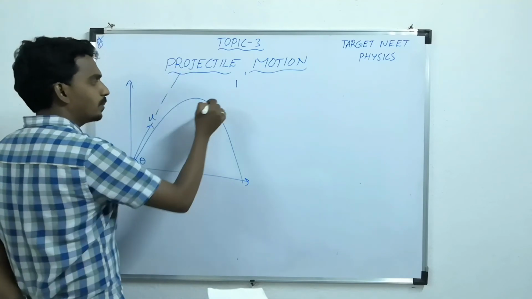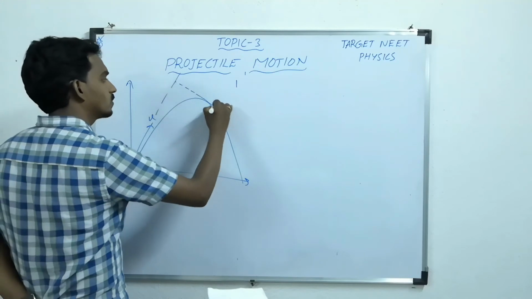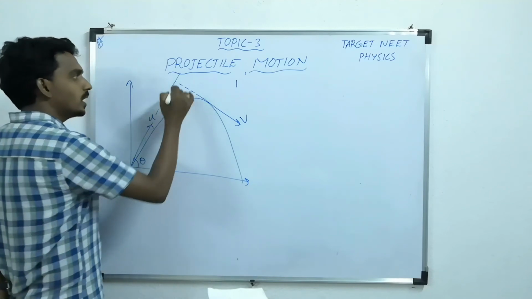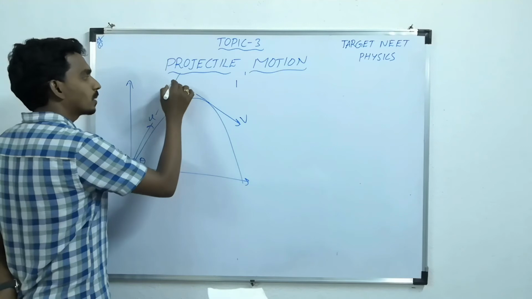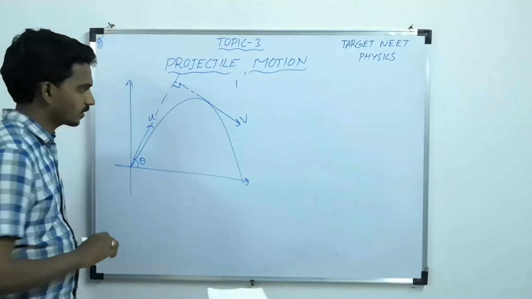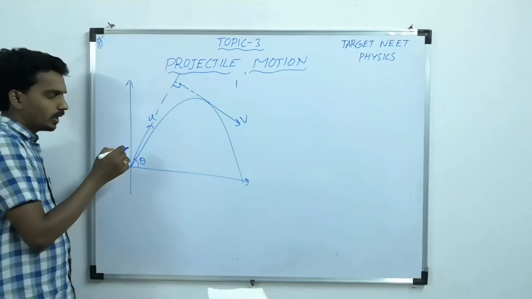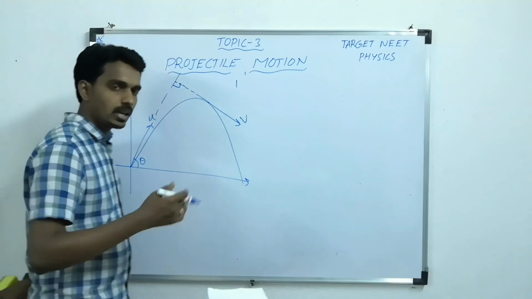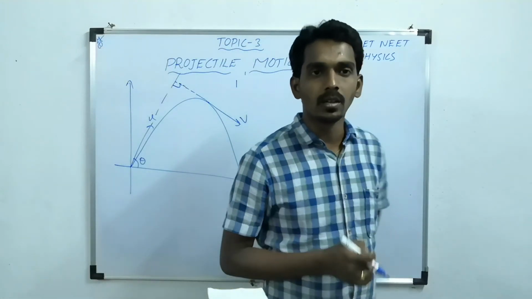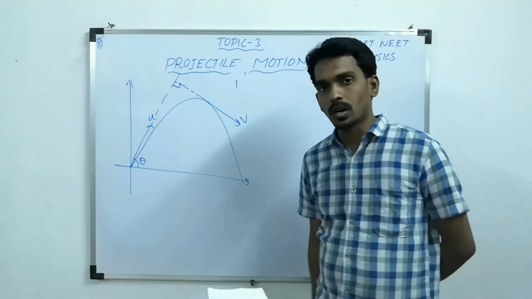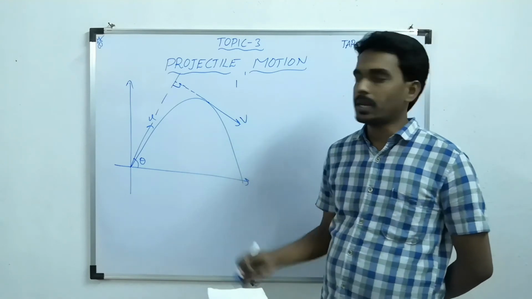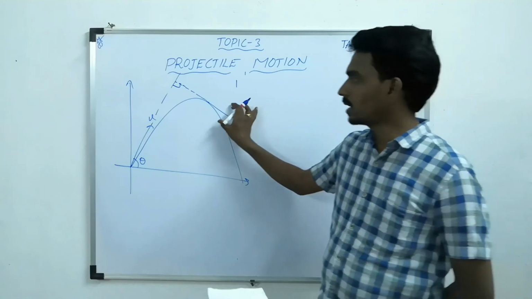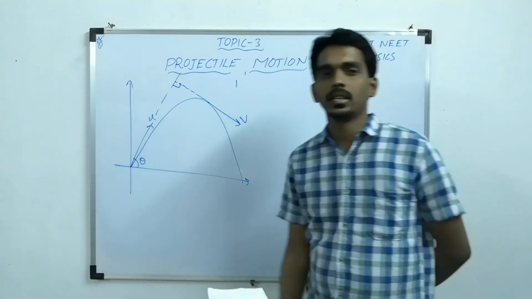After some time, at a particular point, this is the instantaneous velocity at this point, and it becomes perpendicular to the initial direction. Then they will ask you what is that time: after what time the instantaneous velocity becomes perpendicular to the initial velocity.